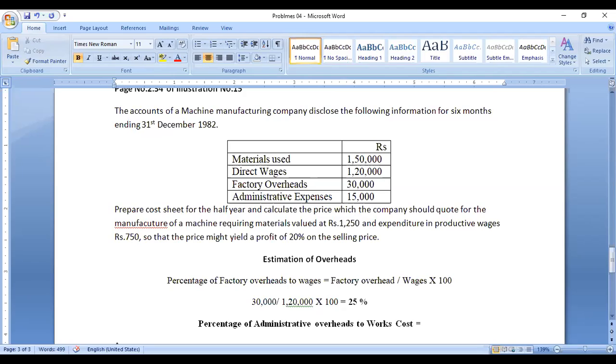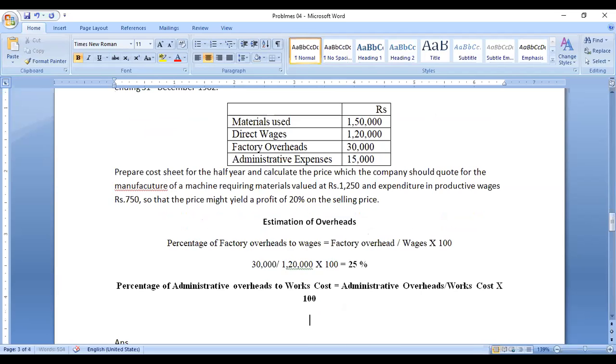So you can take it up. Percentage of administrative overheads is administrative overheads divided by works cost, multiplying into 100. So that you have to calculate. What is the administrative overheads? On the basis of the previous questions, the administrative overheads is given as 15,000, divided by work cost.